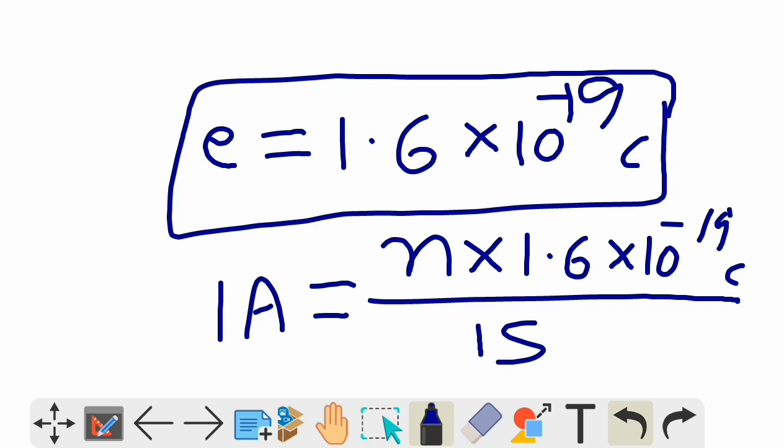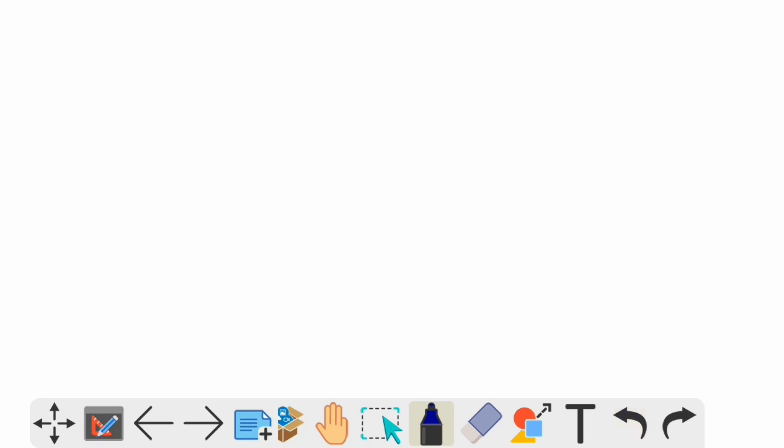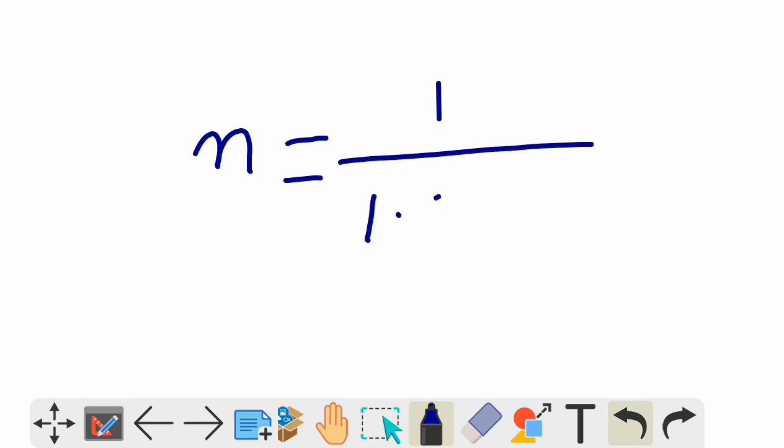So this 1, if you send it to this side, it becomes 1 into 1, 1. So 1.6 into 10 to the power of minus 19 also you have to send to the other side of the equal sign. Here it is in multiplication, so it goes for division. So you will get n is equal to 1 by 1.6 into 10 to the power of minus 19. Understood?